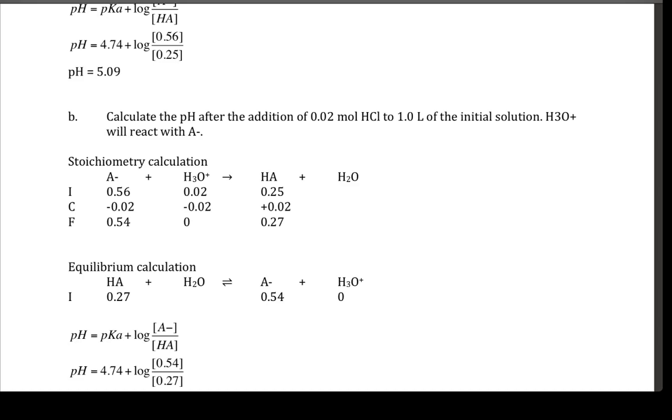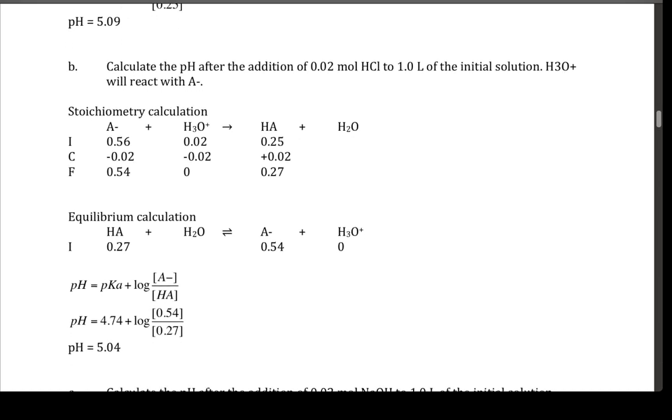For this calculation, you might say we have two parts. The first part involves the reaction that goes all the way to completion, A minus plus H3O+ yielding HA plus H2O. So we put in our initial amount of A minus. That's what the problem started with, 0.56.